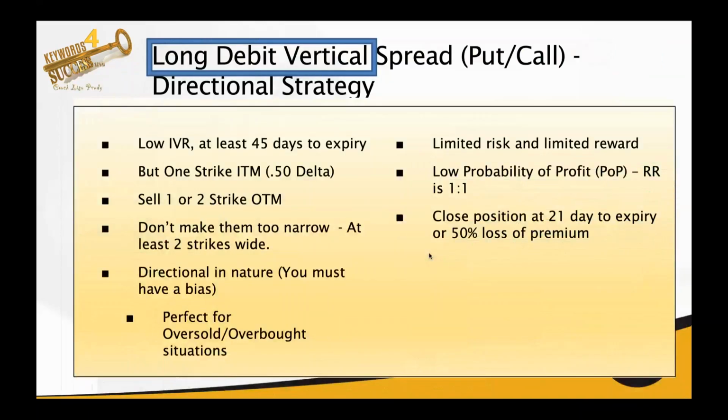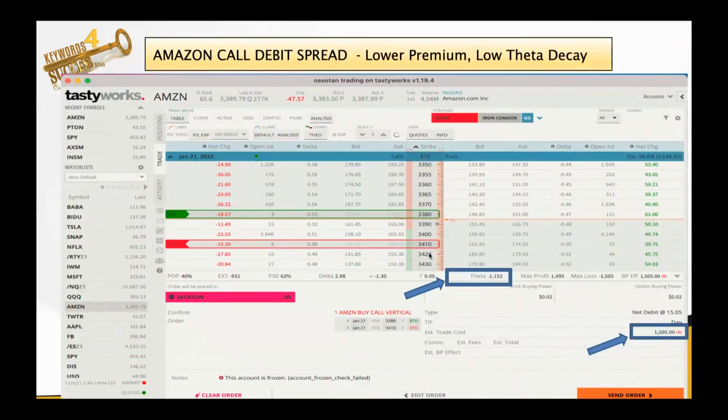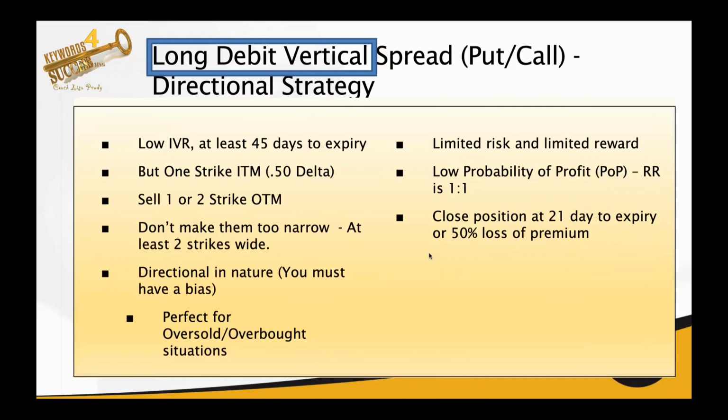Okay. Now, let's talk about a long debit spread. In general, this is what I do in my own practice when I'm trading options. If you're going to go long on a spread, whether it's call or put, always try to buy your long leg around 0.5 delta.